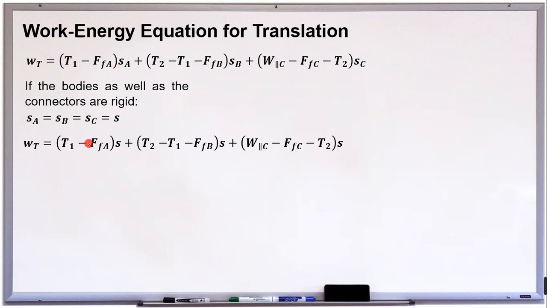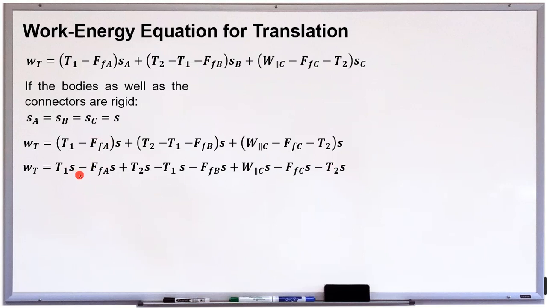So it will become T1 minus FFA S plus for block B and for block C. Then distribute the displacement to each of the terms inside the parentheses, and you will end up with this expression.